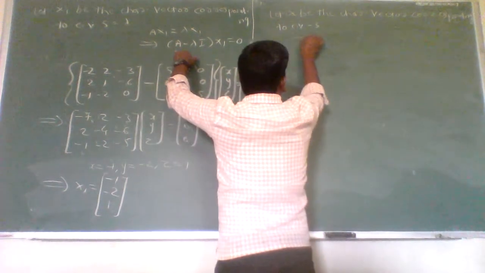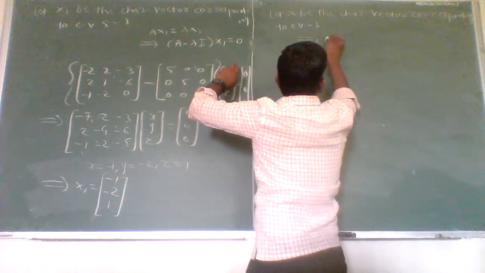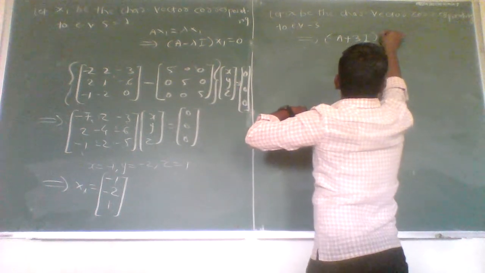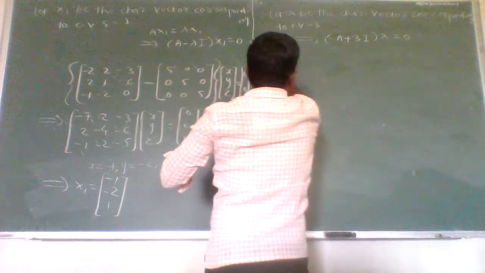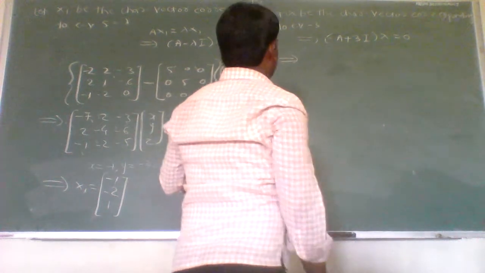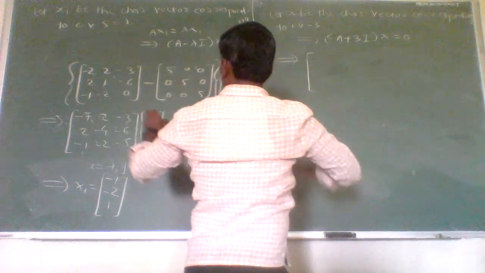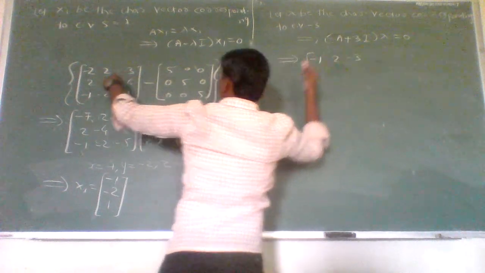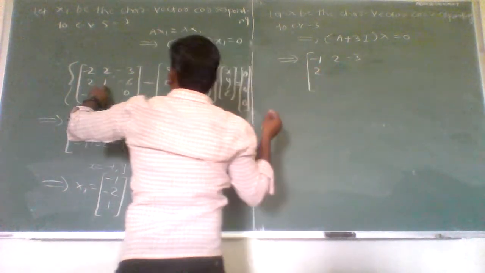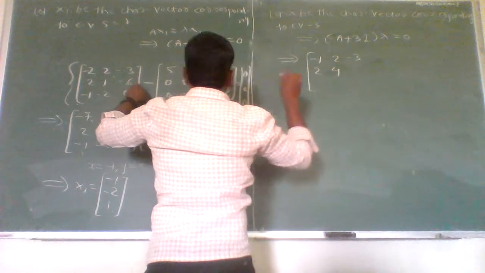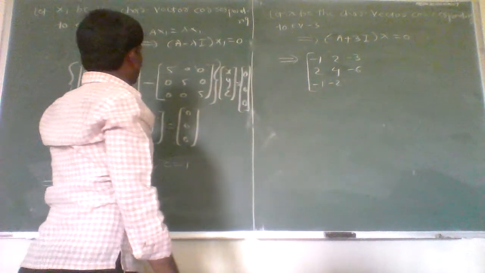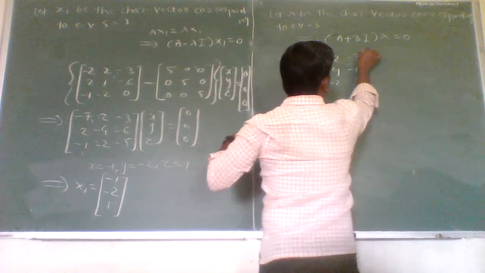By the definition of characteristic vector, A plus 3I times x is equal to 0, which implies A plus 3I: minus 2 plus 3, minus 1, 2, minus 3, 2, 1 plus 3, 4, minus 6, minus 1, minus 2, 0 plus 3, 3, times x.